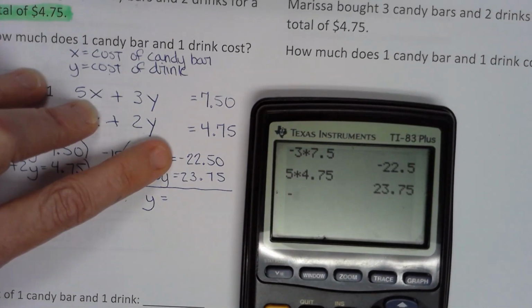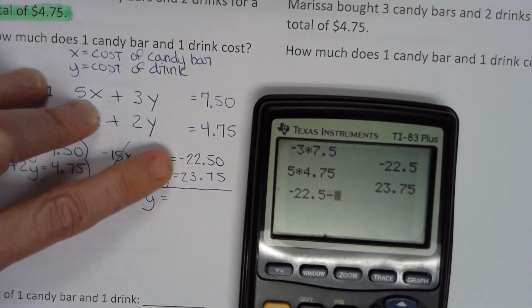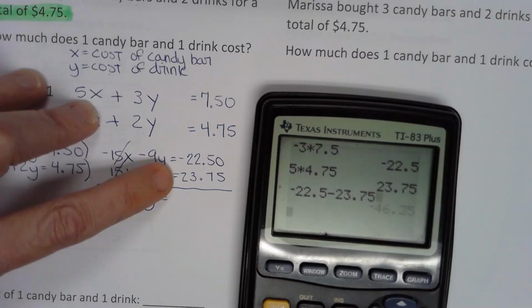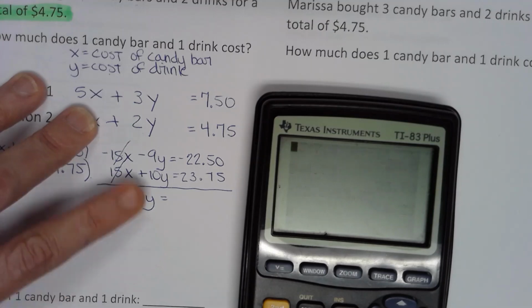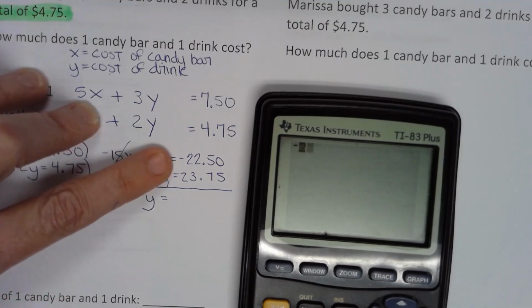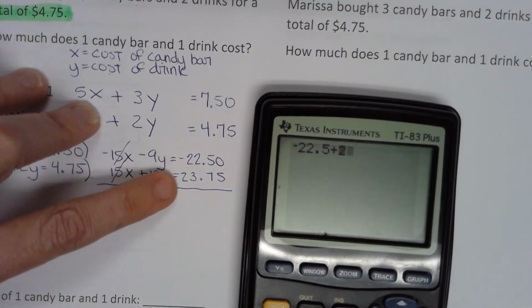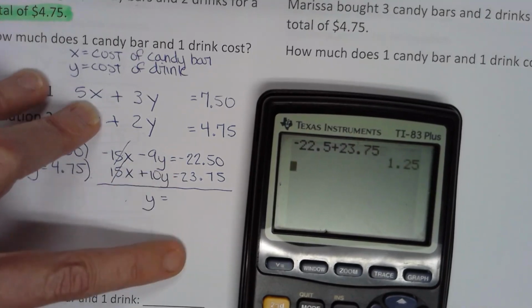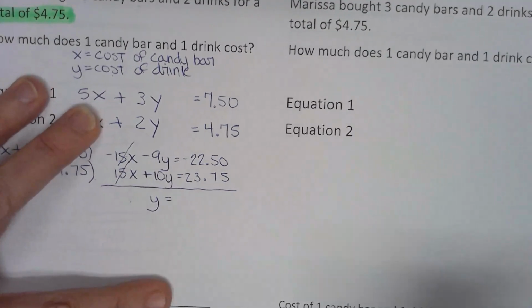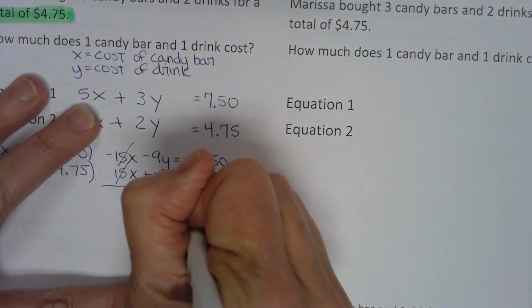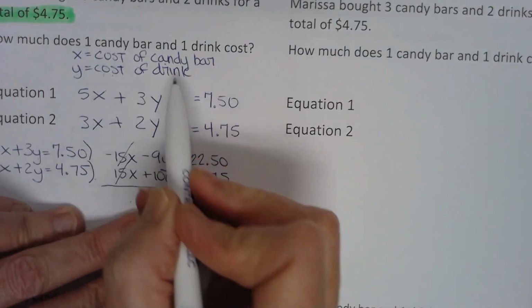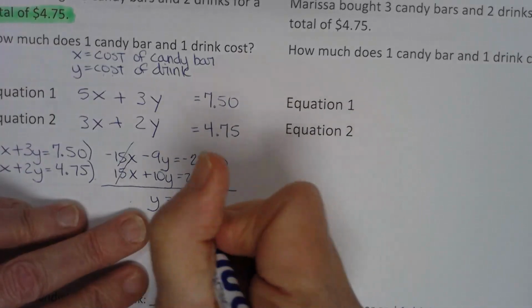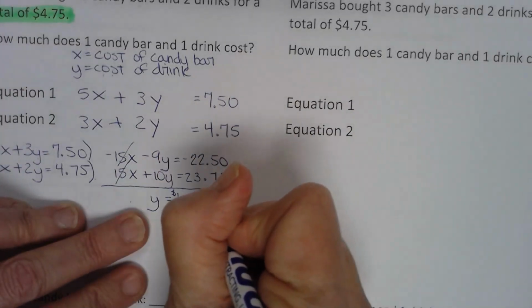Negative 22.50 plus 23.75 is $1.25. Okay, so what does that tell us? Well, it tells us that the cost of one drink is $1.25.